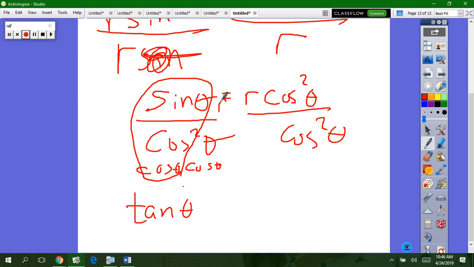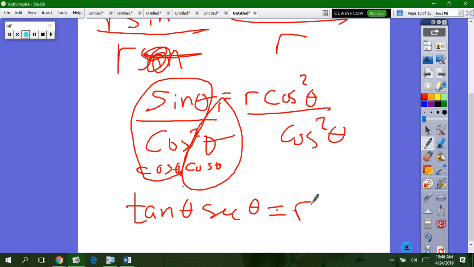And there's a 1 here, 1 over cosine, secant, equals r. So right there, we have r's and thetas. Whenever you see an x squared plus a y squared, what's that again? r squared, right? Makes sense?